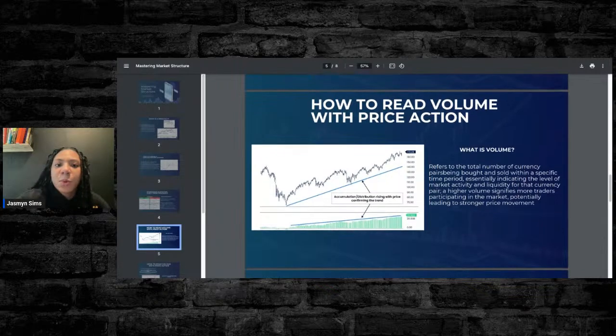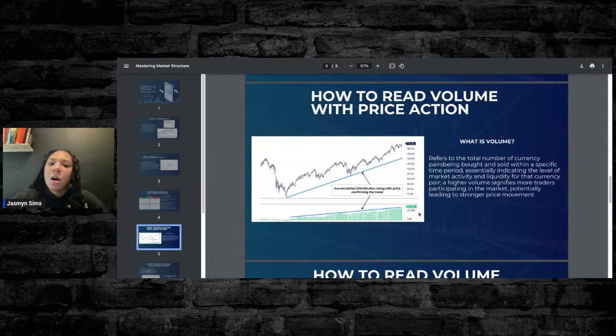So volume is pretty straightforward. As you can see in this graphic right here, price is increasing. There's an uptrend. There are higher highs. There are higher lows. So that's how we know it's an uptrend. So it's just accumulating.